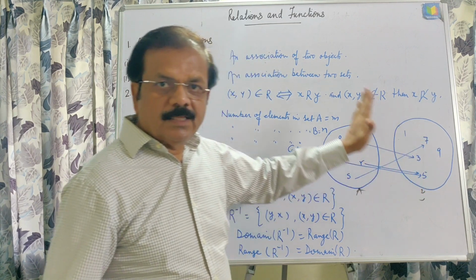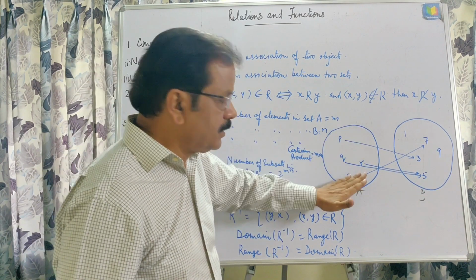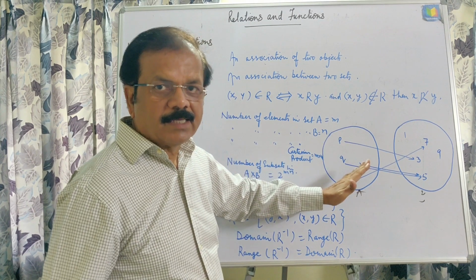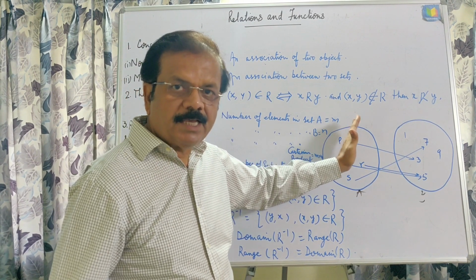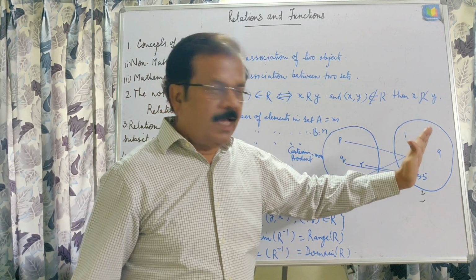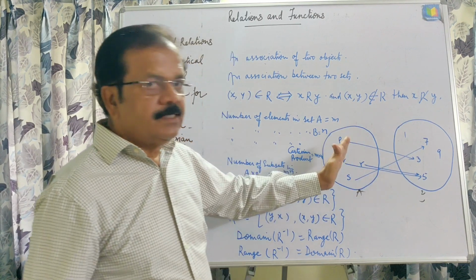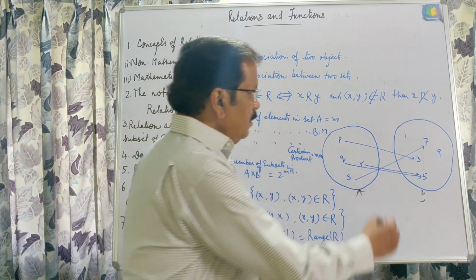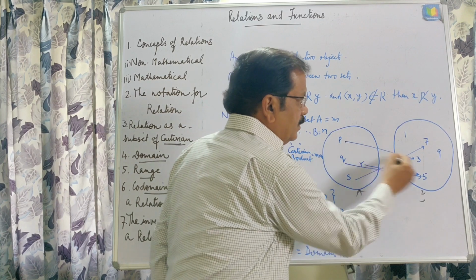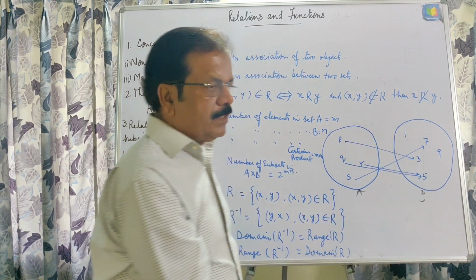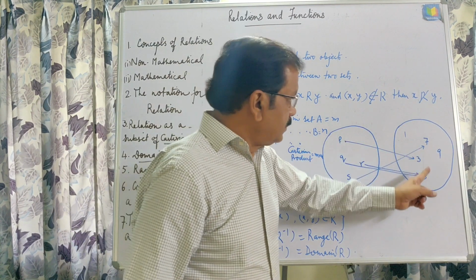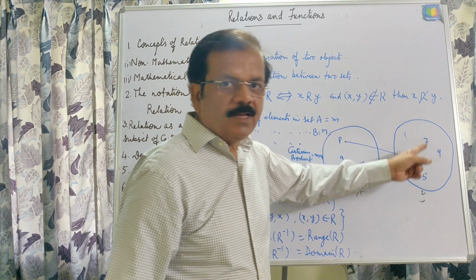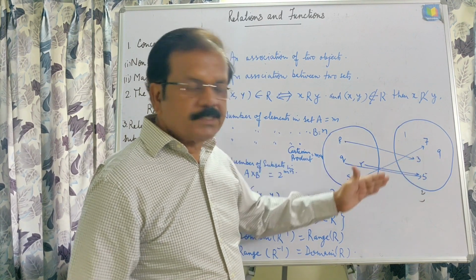In this relation, the first elements are P, Q, R, S, and that is why this will be taken as the domain. In the same way, the range is the set of elements which are the images of the first ones, that is, 3, 5 and 7 will be the range of this relation.